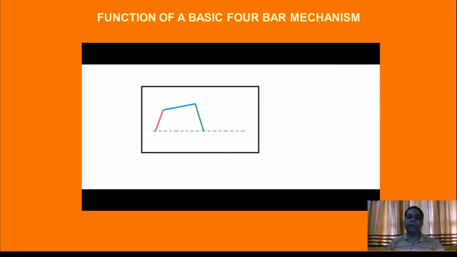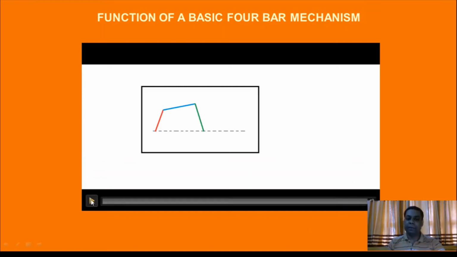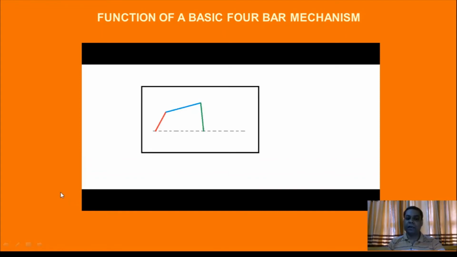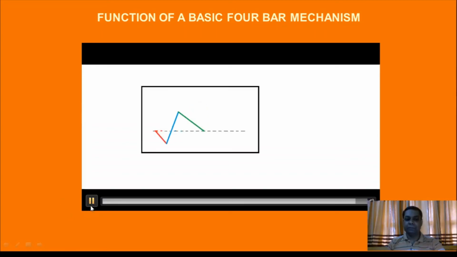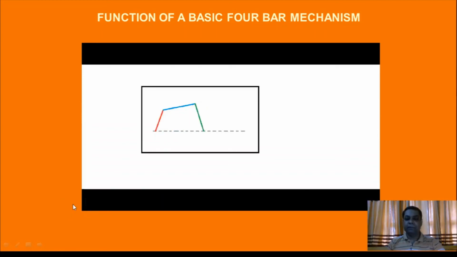We may consider that as a third link, sometimes with a particular name like rocker arm. If we start the video, we see that it is slowly moving in the clockwise direction, and see the movement. We repeat the video.